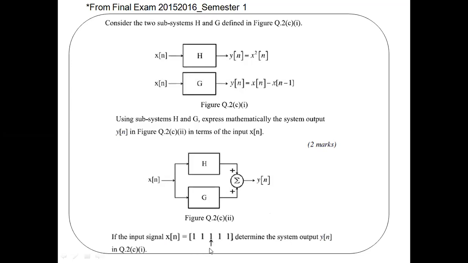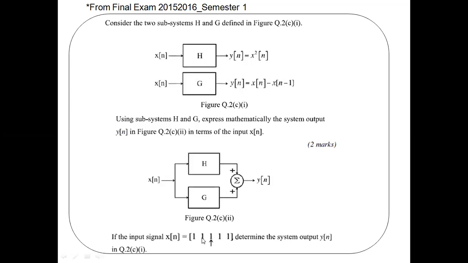Bear in mind that in these conditions, the arrow means that this value of 1 is the value for n equals 0. It means that the range of xn will be from n equals -2.